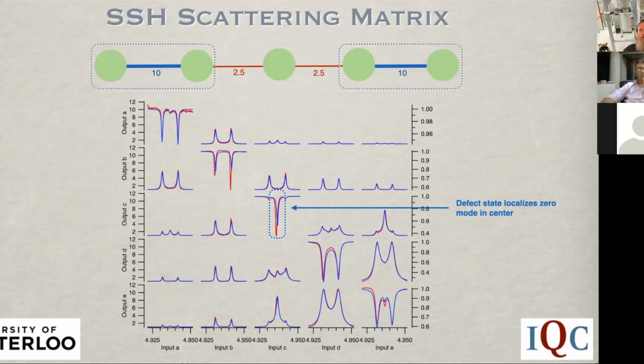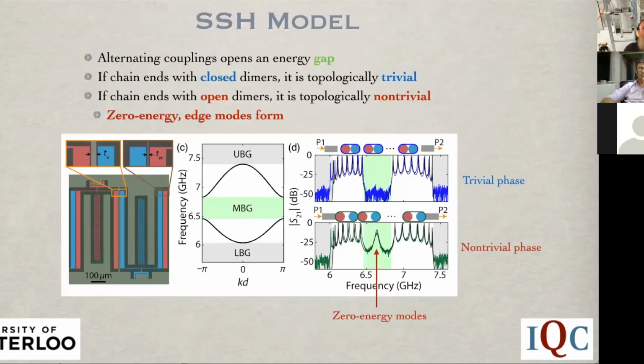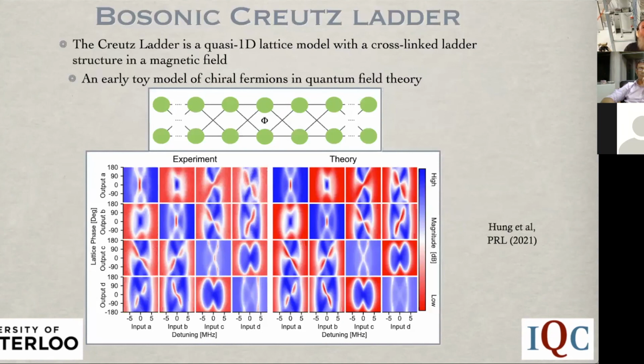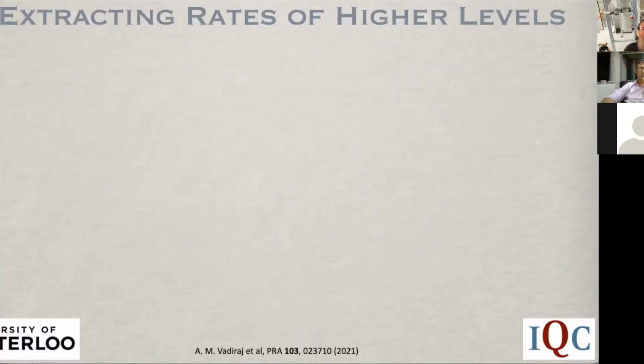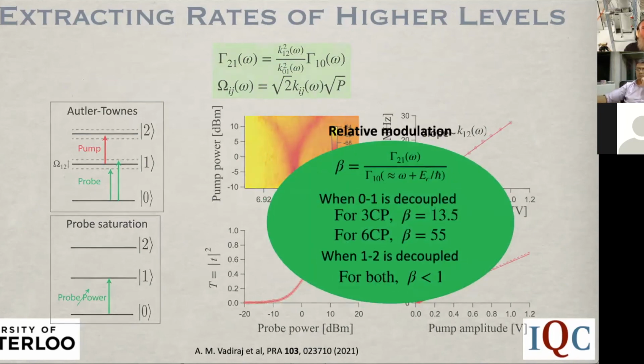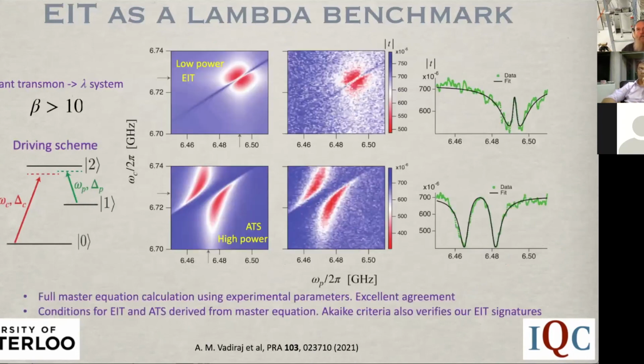Regarding your slides on Autler-Townes splitting and EIT in the giant transmon, you showed it in a lambda type of system. I was curious to know, in atomic systems like atomic vapor or cold atomic systems, we can see quantum interference effects like EIT and Autler-Townes splitting also in V type as well as ladder type systems.